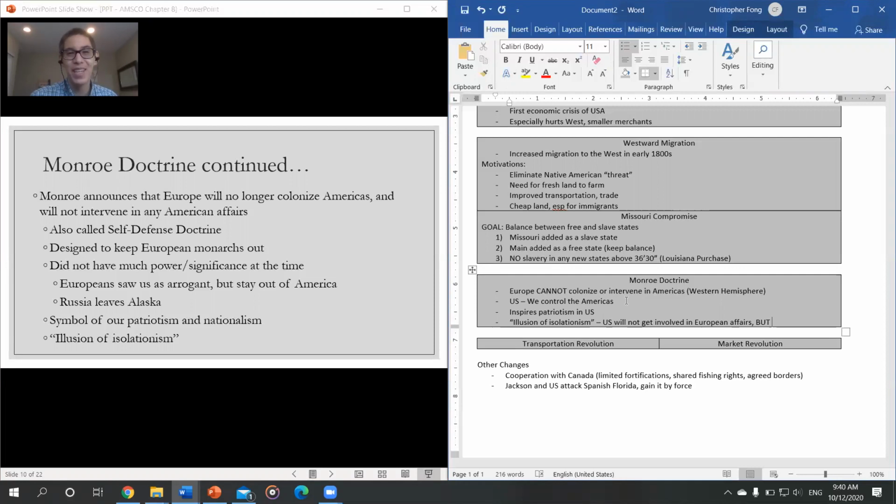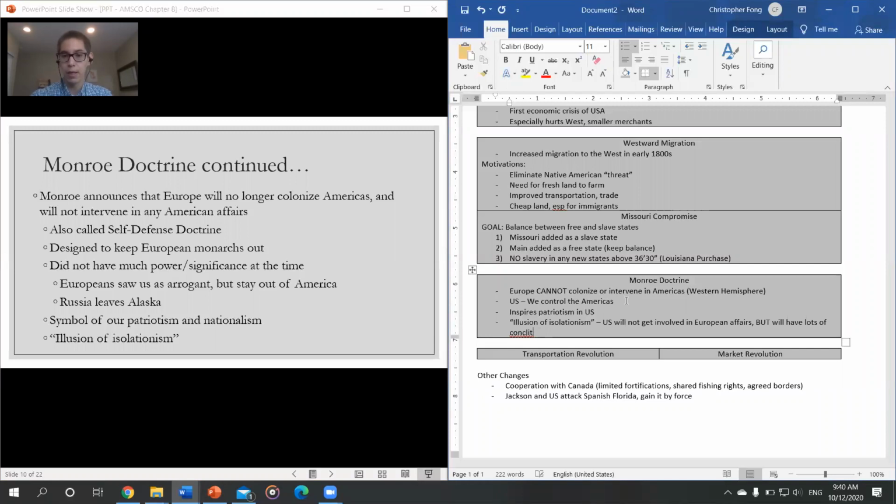But now, because they quote unquote control the Western Hemisphere, the US is going to get involved in all sorts of conflicts with their Latin American neighbors. So the US will not get involved in European affairs, but will have lots of conflicts in Latin America because they said it was quote unquote theirs.